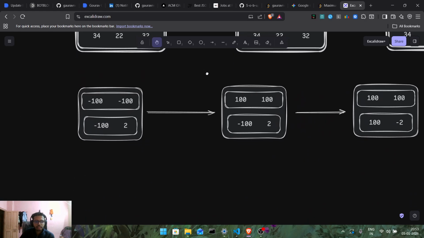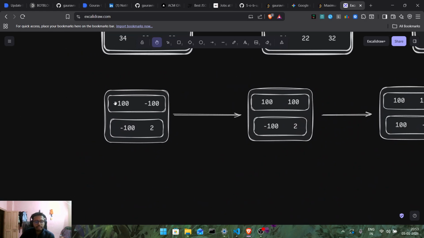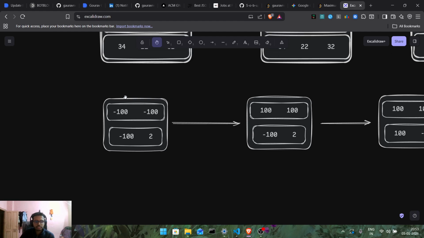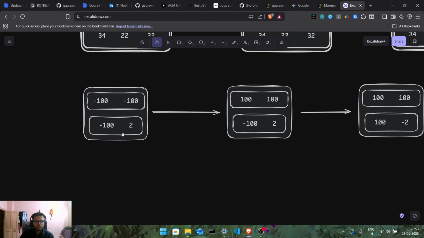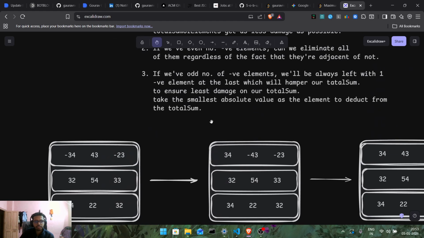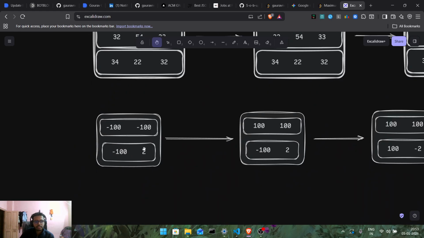Now, what does it mean? Let's take an example: minus 100, minus 100, minus 100, 2. There is an odd number of negative elements in this matrix. What we need to consider is the element 2, because it is the smallest absolute value in this matrix.